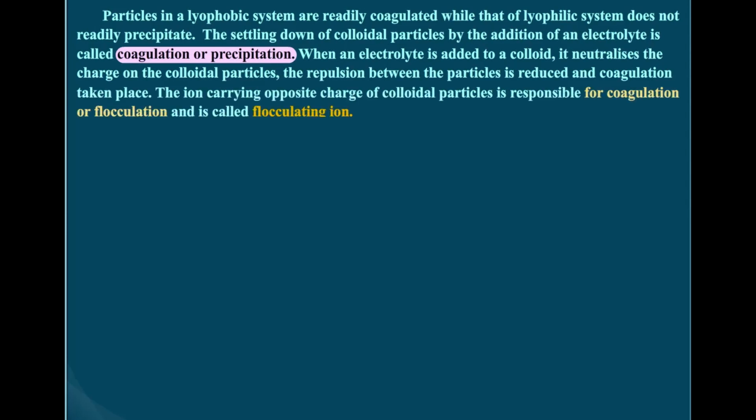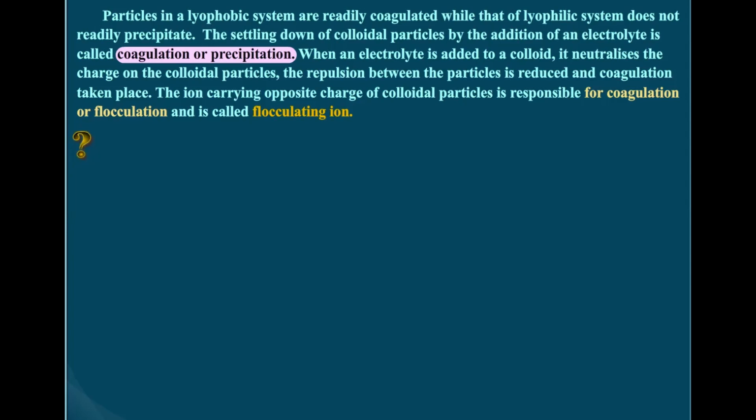Repeating it once again, particles in a lyophobic system are readily coagulated, while those of a lyophilic system do not readily precipitate. The settling down of colloidal particles by the addition of an electrolyte is called coagulation or precipitation.